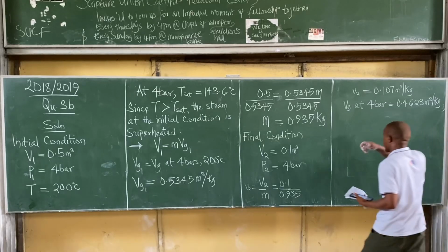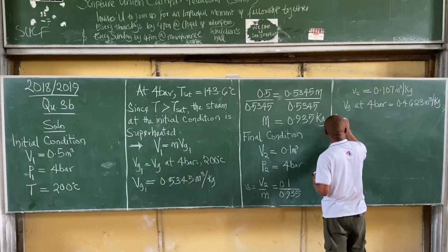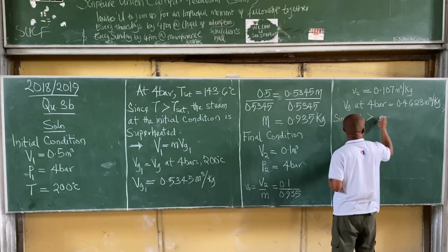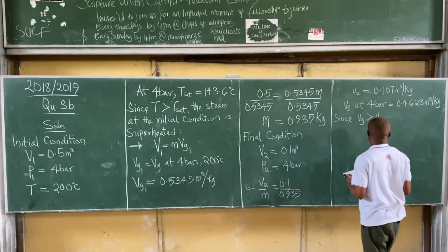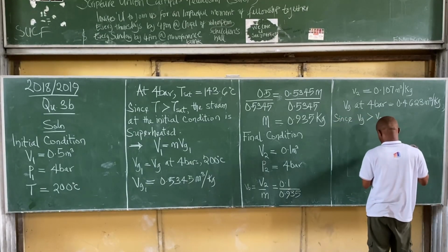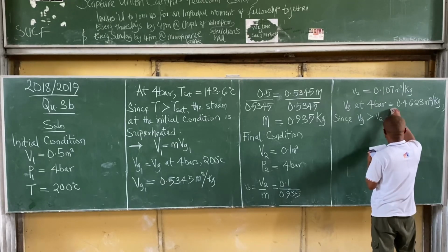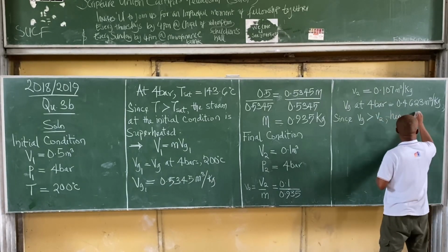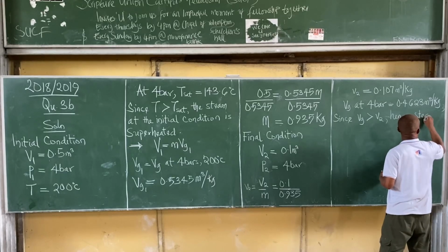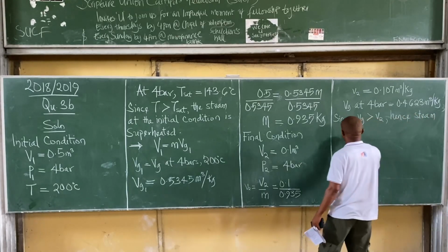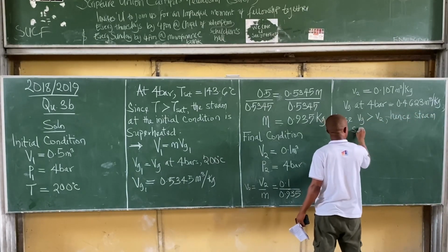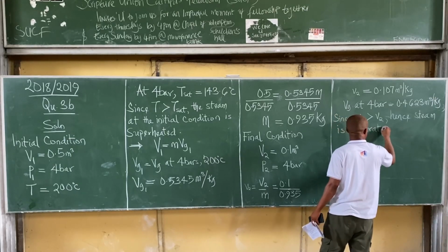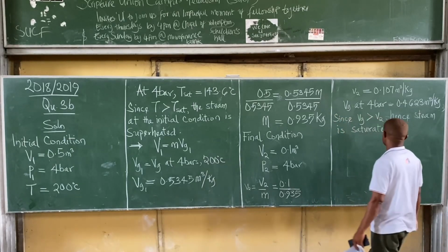Okay, let's write that down. Since Vg is greater than the specific volume, hence, the steam is saturated, and we go back to our saturated steam table.